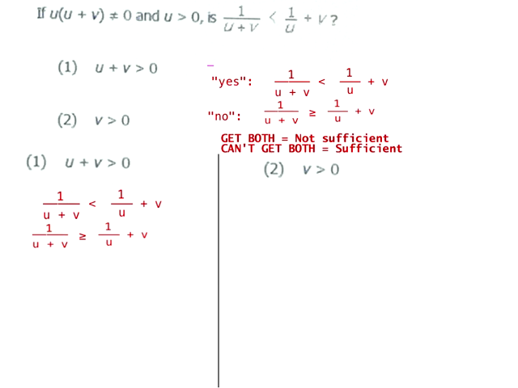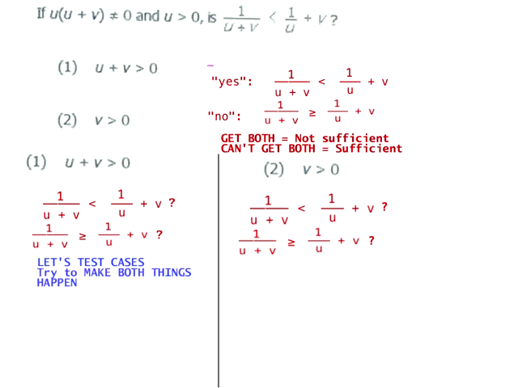I like to write both of those out with question marks after them, just so we are absolutely clear on what the goal is. If we can make both of those things happen, then we get not sufficient. Okay, so let's talk about testing cases. And remember, your goal when you test cases is to try to make both of these things happen, guys. Let's test cases.